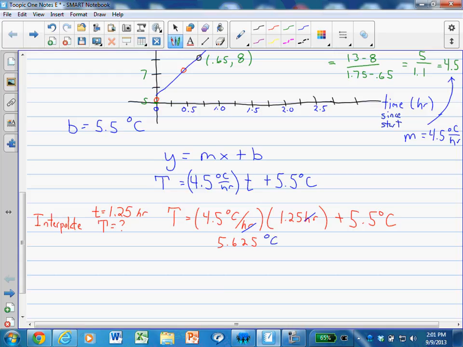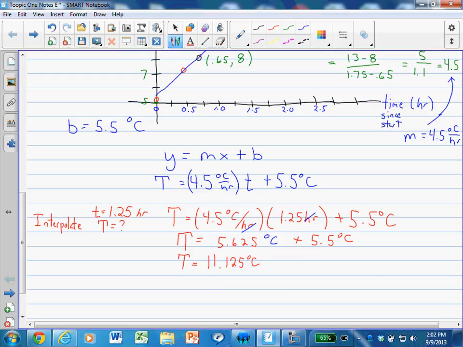So that's good because it has to be able to add to this 5.5 degrees Celsius here. So T equals 5.625 plus 5.5, or 11.125 degrees Celsius. So that's using our model to interpolate what the temperature would be at a certain time within our data.